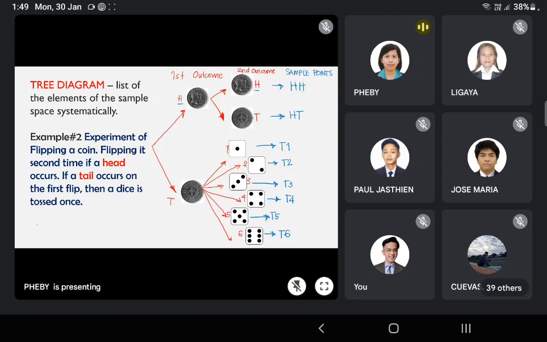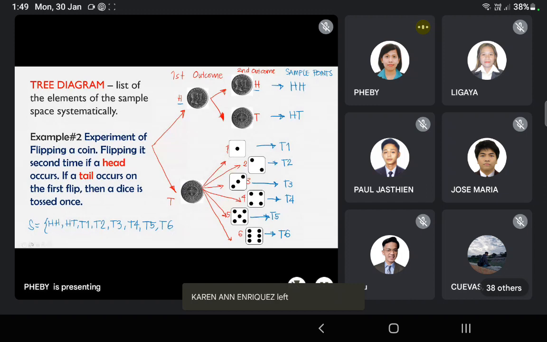So therefore, for the sample space S, the outcomes are HH, HT, T1, T2, T3, T4, T5, and T6.